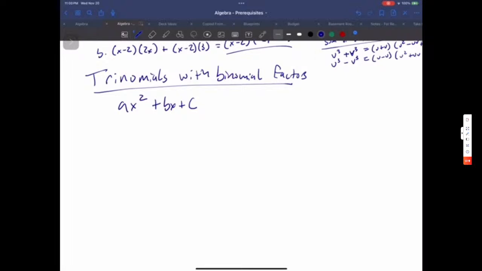That ax squared plus bx plus c is going to be equal to some FOILed pair of binomials. So you have and I don't know what they are, but there's going to be something here and something there and something here and something there. And we know they're both going to be plus because the coefficients themselves could be negative. So we're going to write a plus, and this is going to be something x, and this is going to be something x.